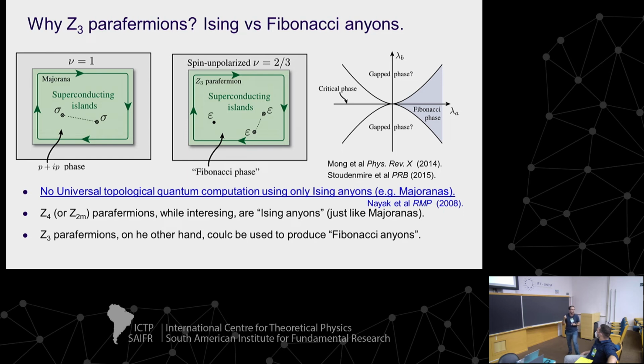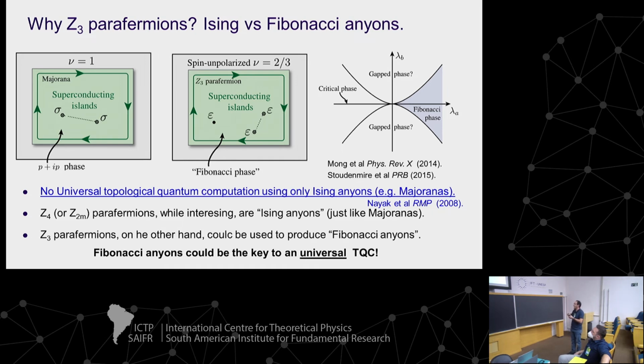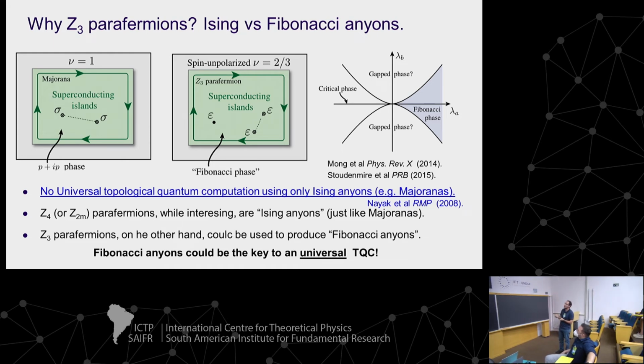And that could be useful for universal quantum computation. So there's some interest in the Z3 parafermions because of that. Since then, you could have an all-topological universal quantum computer, with no need to rely on non-topological elements to do quantum computation.